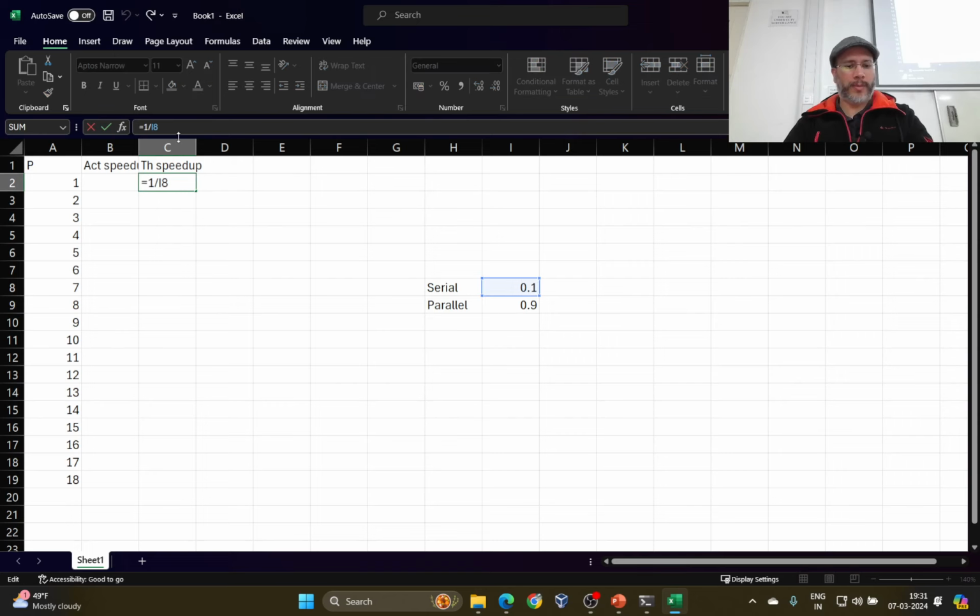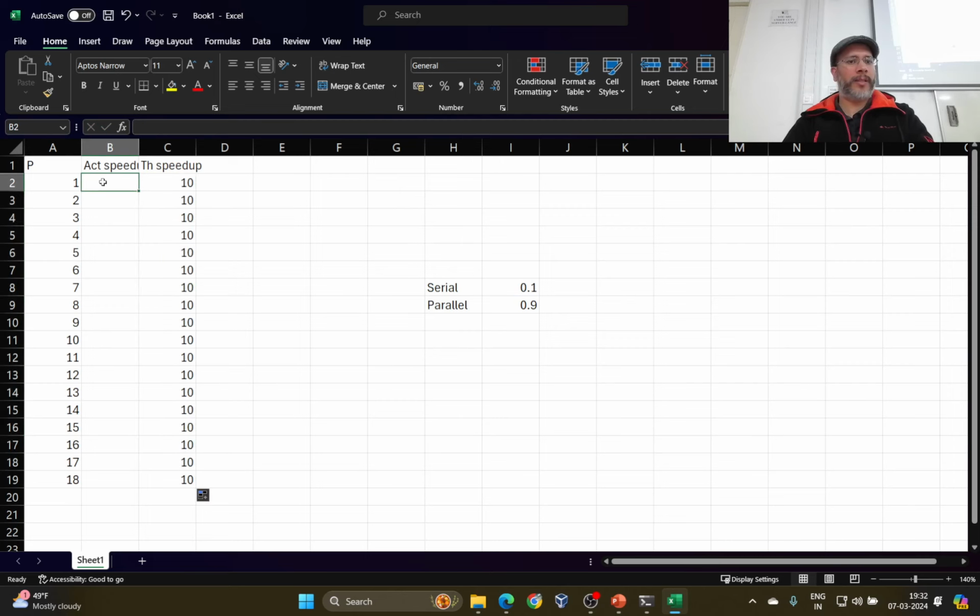So I'll just fix this, and then we just have this 10, and the actual speedup is now the serial time plus the parallel time. So serial time is 0.1. Okay, Ts I am taking just 1 unit for now because I'll divide it by Ts, so that doesn't matter. And then the parallel one is this divided by the number of processors you have.